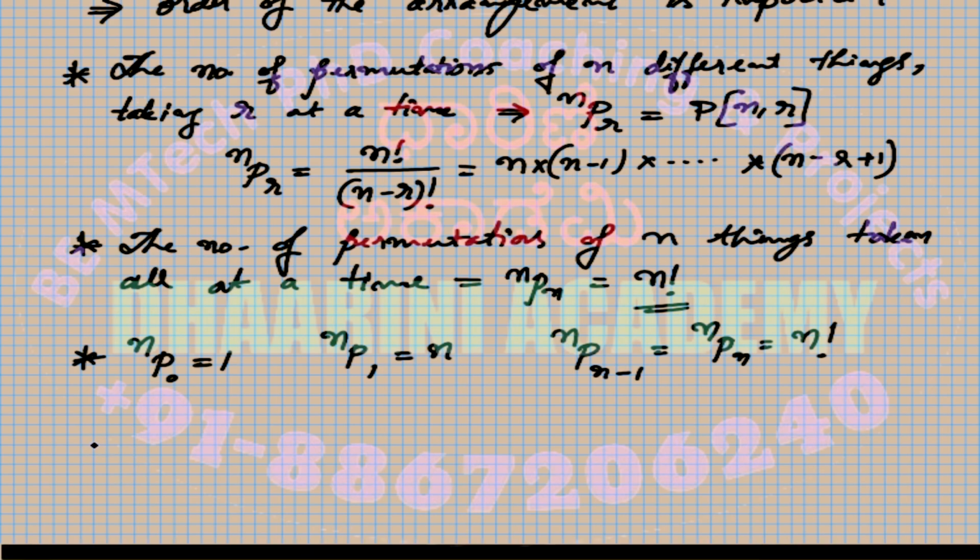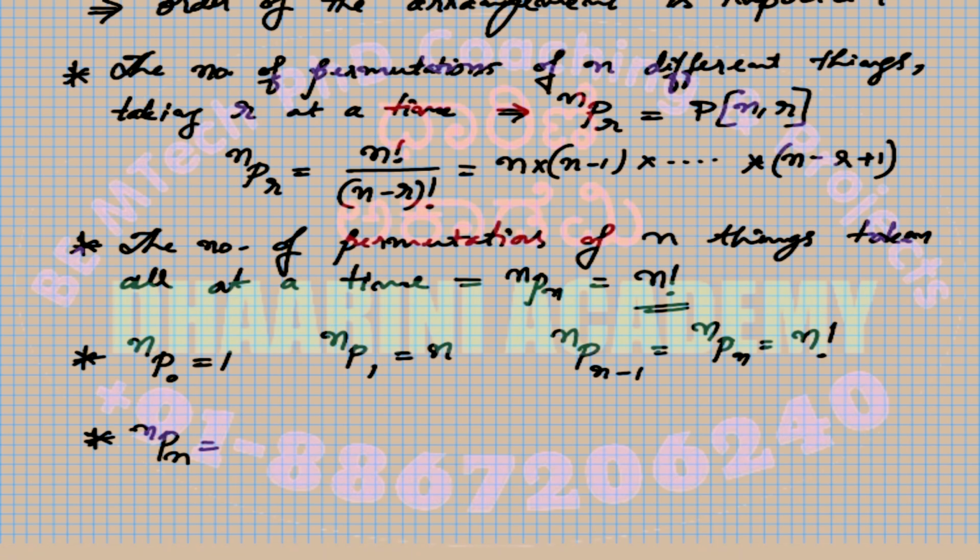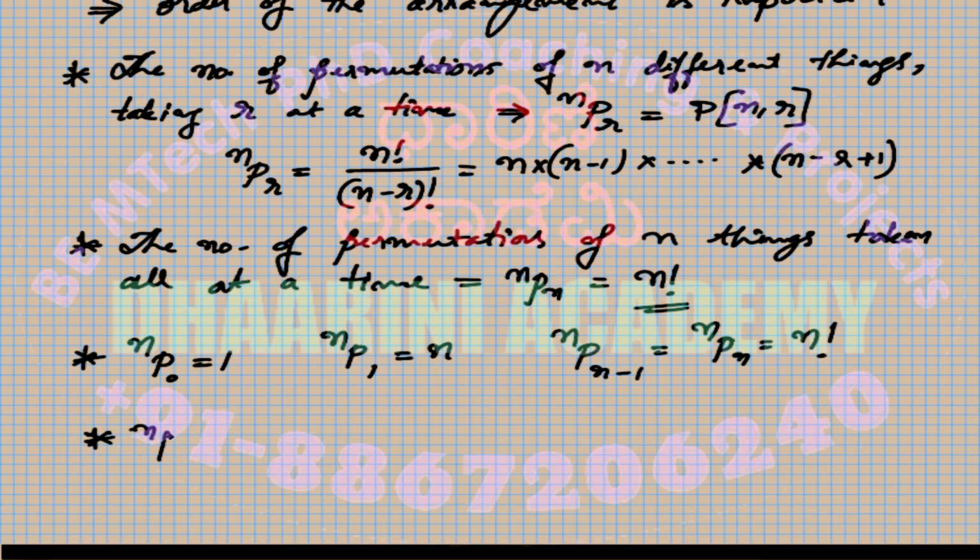Okay, then we have another formula to remember. If I have nPn being represented as, not nPn, my mistake, let me write nPr. If I want to perform nPr, that is equal to n times (n minus 1)P(r minus 1).